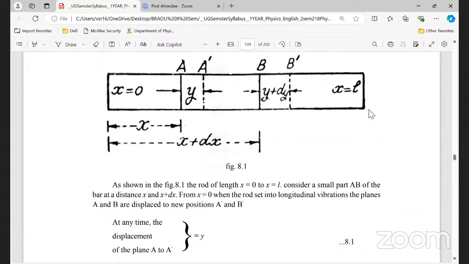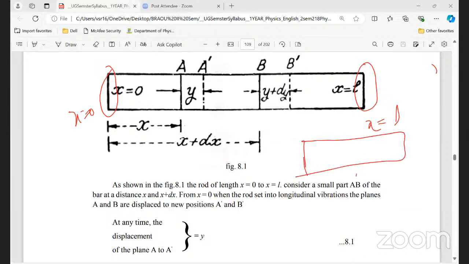Let us consider the initial position: on the left hand side x equals 0, and on the right hand side x equals L. See this? The length of the bar is from x equals 0 to x equals L. So the bar length is L. Along the x direction, the position is 0 here and the position is L here.